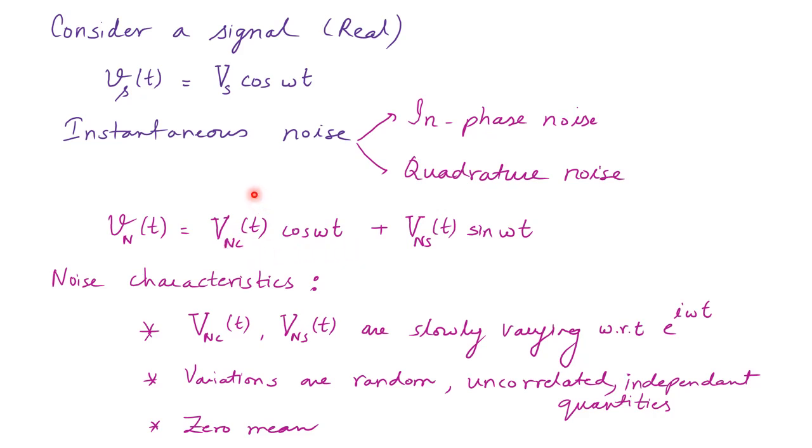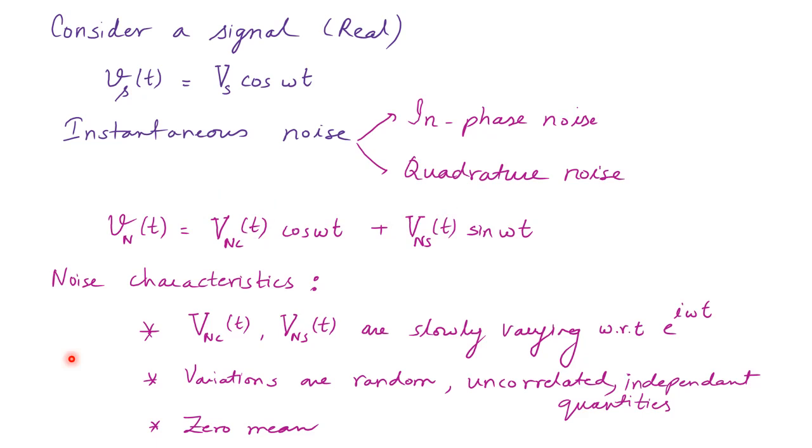And its amplitude is given by V_NC. Here C stands for the cosine, whereas V_NS, where S stands for the sine omega t, is the quadrature noise. Clearly, the amplitudes of these are going to be time dependent and random, and similarly for both the in-phase and the quadrature aspects of noise.